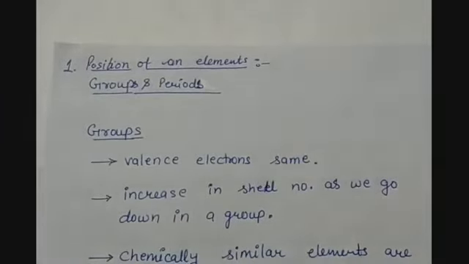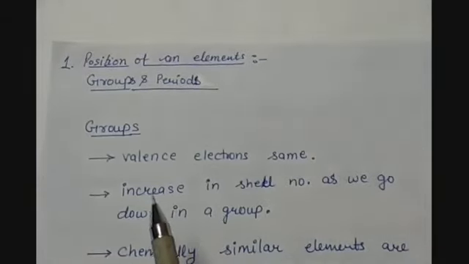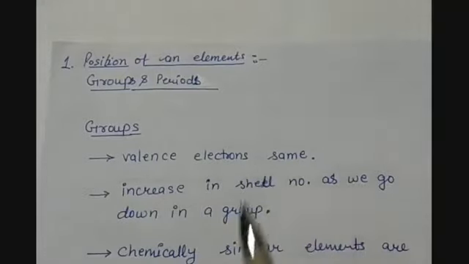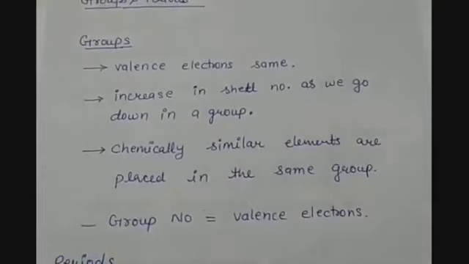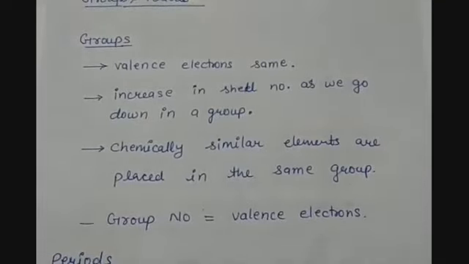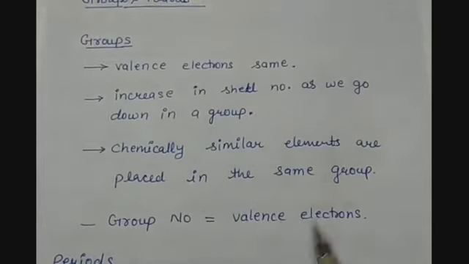The valence electrons will be same in number. Second, there is only increase in the shell number as we go down in a group. Chemically similar atoms or elements are placed in the same group, or they are provided the same group number. That means group number is always equal to the valence electrons, number of valence electrons.